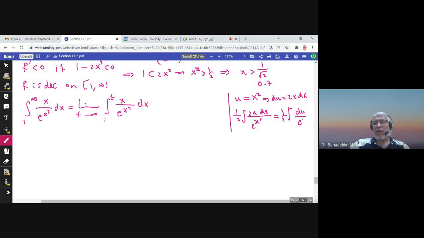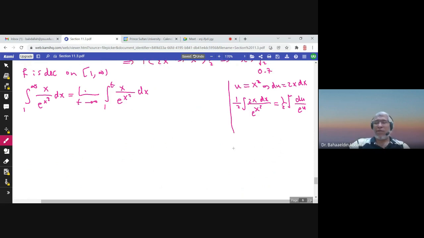Or again, you can take it up and take negative x squared as u. The integral of e to the power negative u is e to the power negative u divided by negative 1. So the answer is negative 1 over 2 e to the power x squared. So that's the integral.